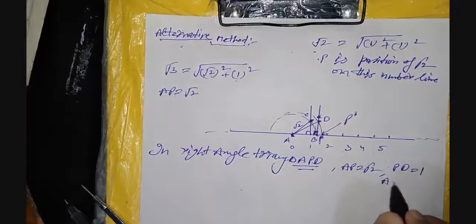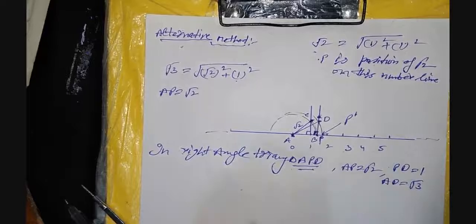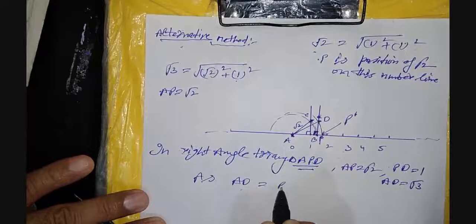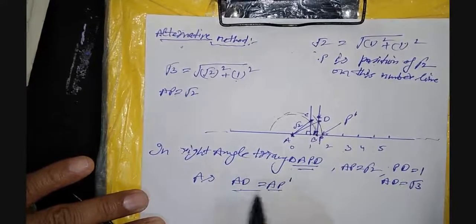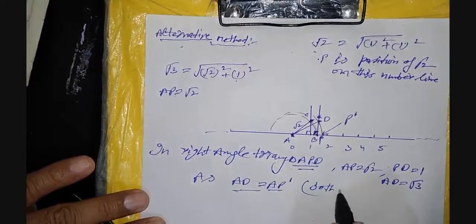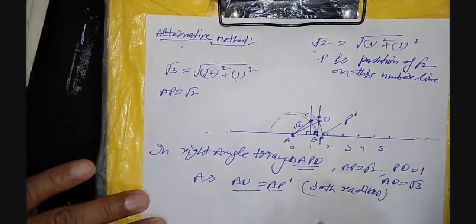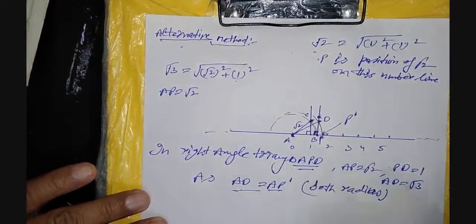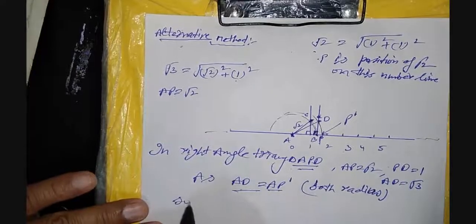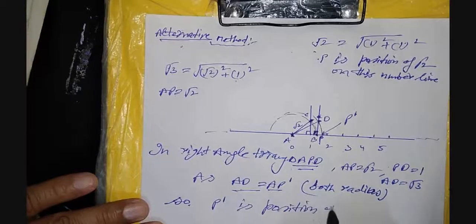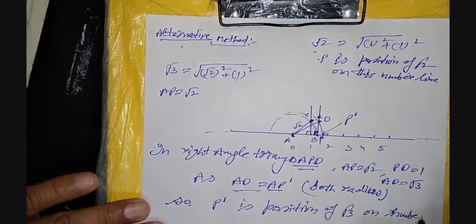AD is equal to root 3, and AD is equal to AP dash, because both are radius. So it can easily be seen that P dash is the position of root 3 on this number line.